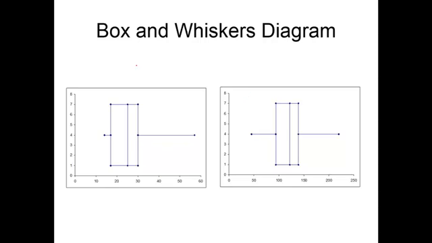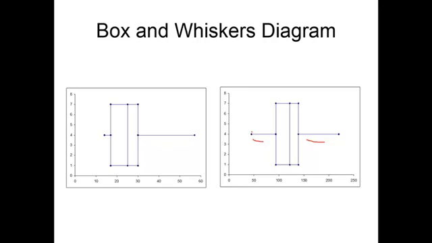Once you have your values of Q0, Q1, Q2, Q3, and Q4 calculated, you can represent them graphically. Here we have the box and whiskers diagram, and you can see it's got a box and it's got whiskers.